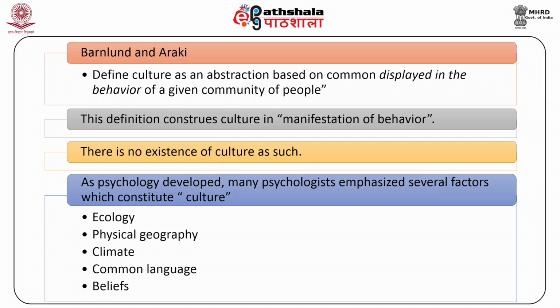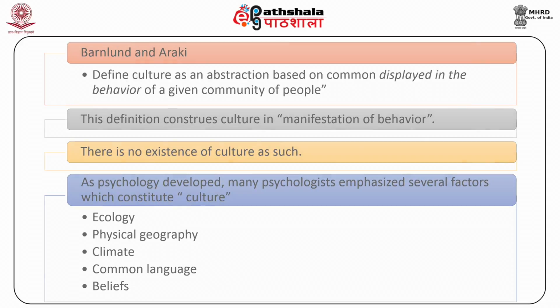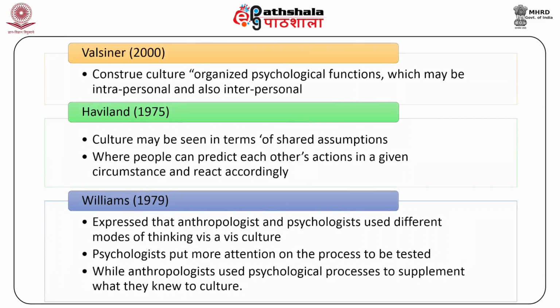As psychology developed, many psychologists emphasized several factors which constitute culture: ecology, physical geography, climate, common language, belief, etc. Leach, 1964, Murdock, 1964. A few definitions that highlight such factors: Wiesner, 2000, construes culture as organized psychological functions which may be intrapersonal and also interpersonal.